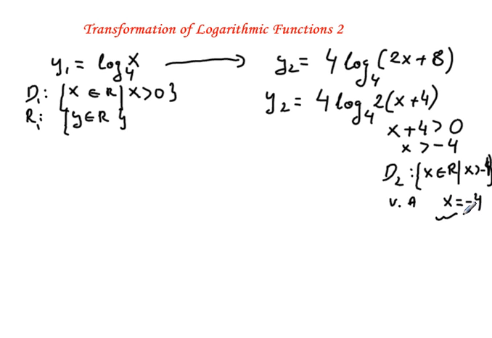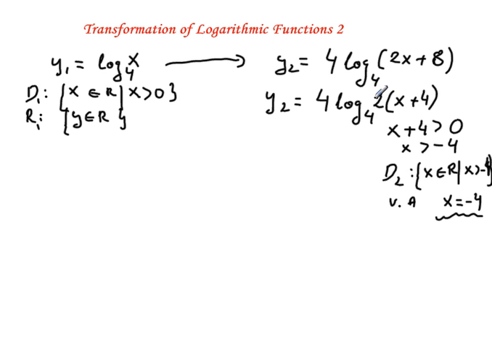Okay, so we have that coefficient in front of the function, so that's the vertical stretch. So you will quadruple the value of y for the same value of x. The coefficient 2 that is inside, we have to remember what that means.